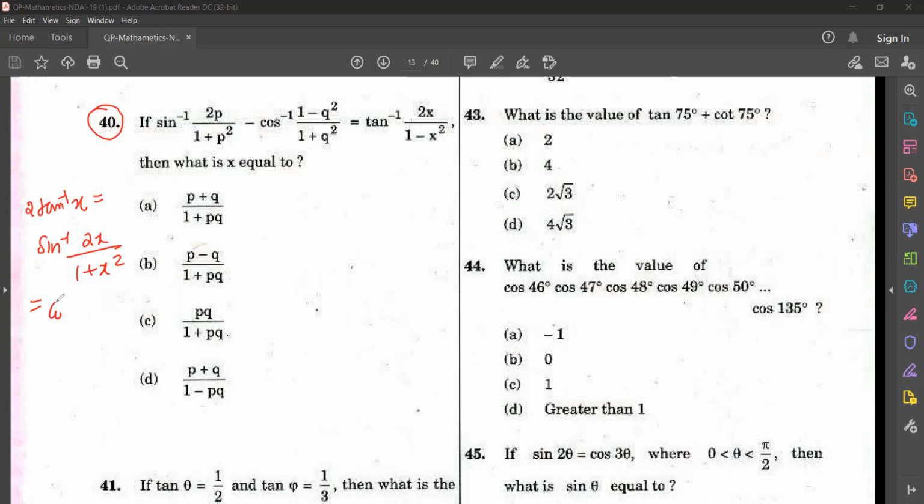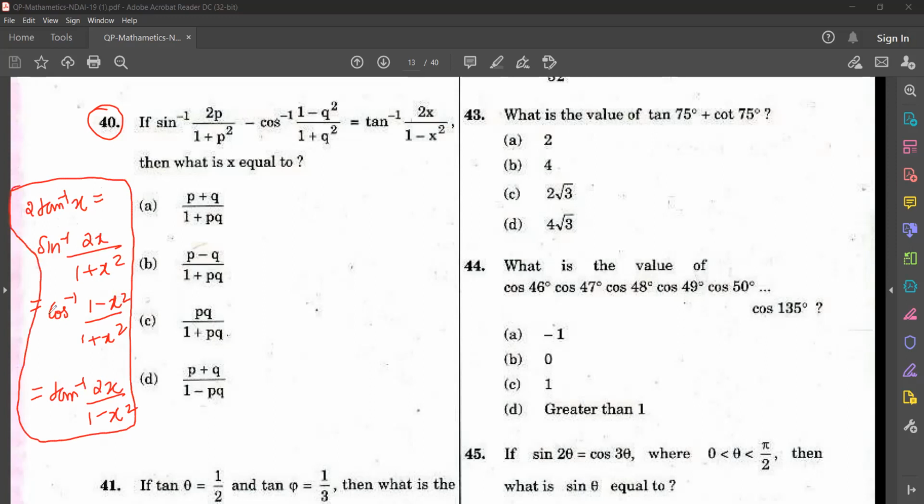That is same as cos inverse 1 minus x square by 1 plus x square. That is same as tan inverse 2x by 1 minus x square. Remember this formula? If you don't know, please copy this and study it now itself. Very important formula. Often they ask questions based on this formula.